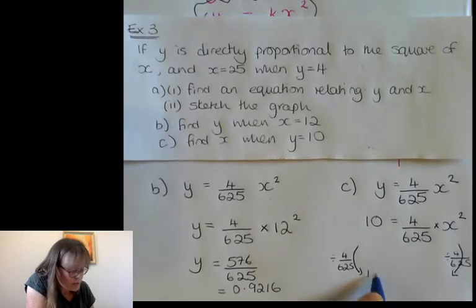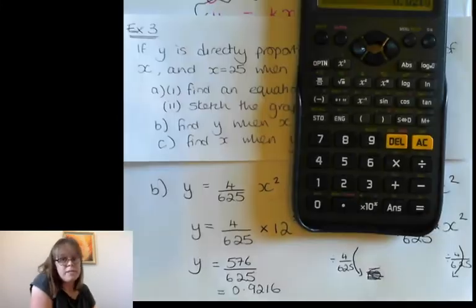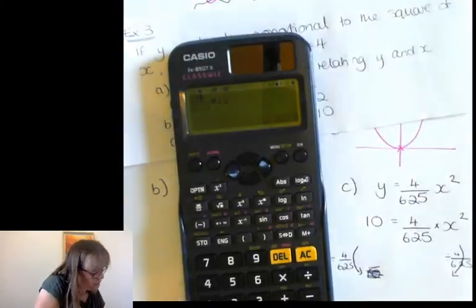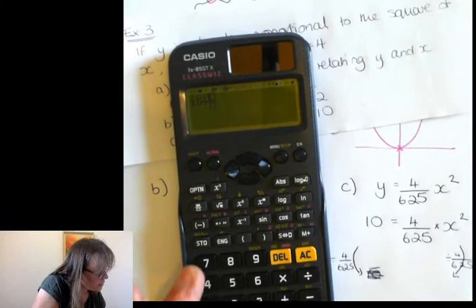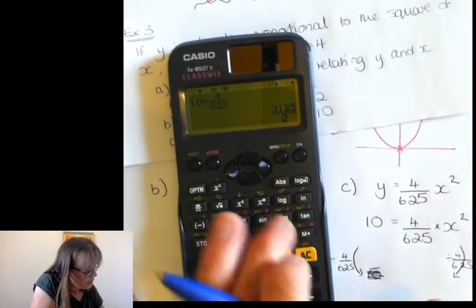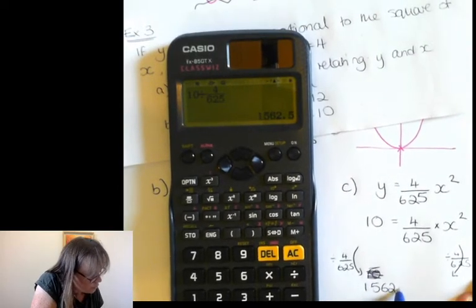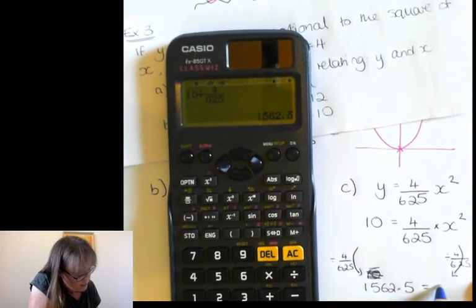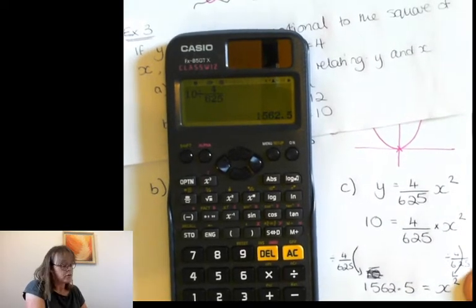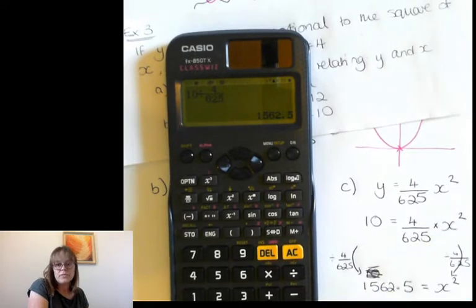And my calculator will just do that for me. In fact, let me make it do it so I don't have to write too many lines. So I am literally just going to ask it to do 10 divided by that fraction. And that gives me 1562.5. And on this side, remember, I've still got x squared. I've got rid of the 4/625 by dividing, but I've still got x squared left.